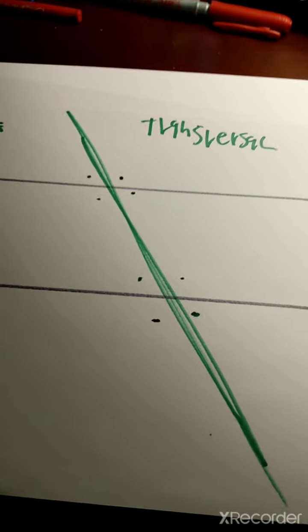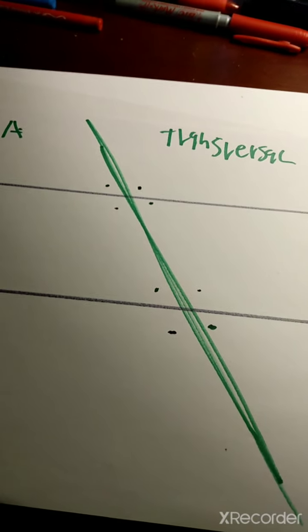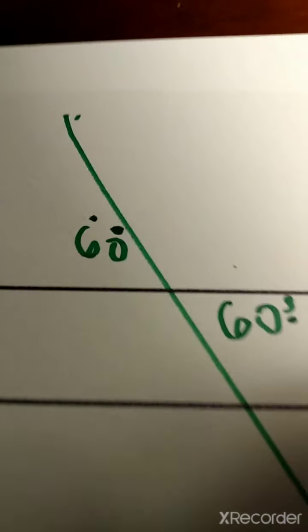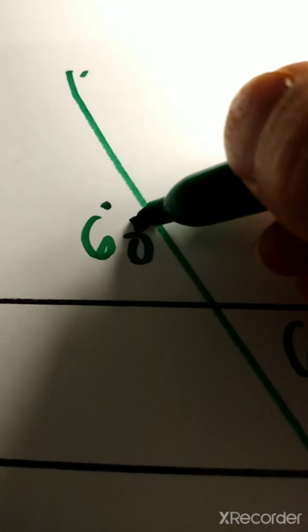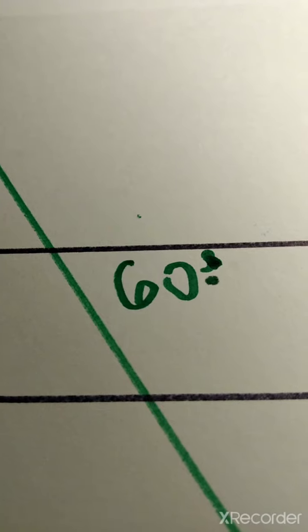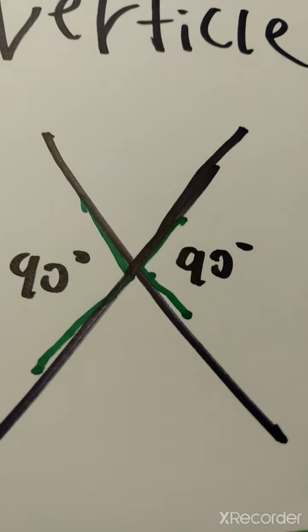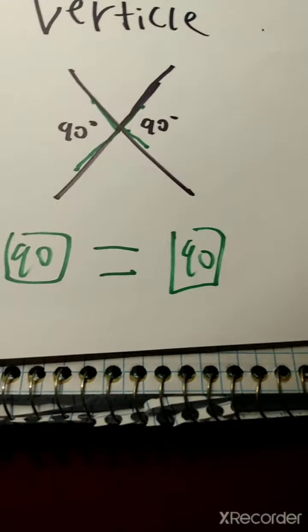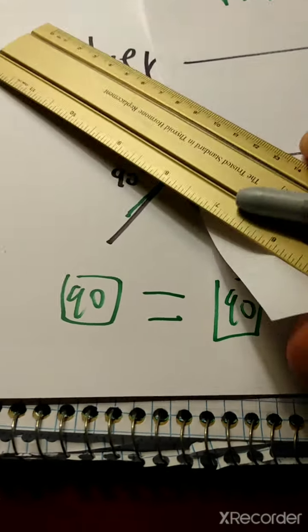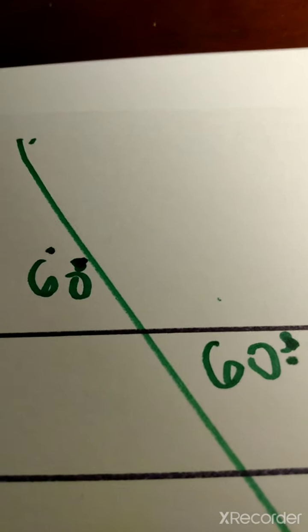Why does this happen? Let's find out. If this angle is 60 degrees, that angle is also 60 degrees. With vertical angles, if the angles are opposite from each other, like 90 and 90, they're going to equal the same thing. And not only that, 60 and 60 are going to equal the same thing too.